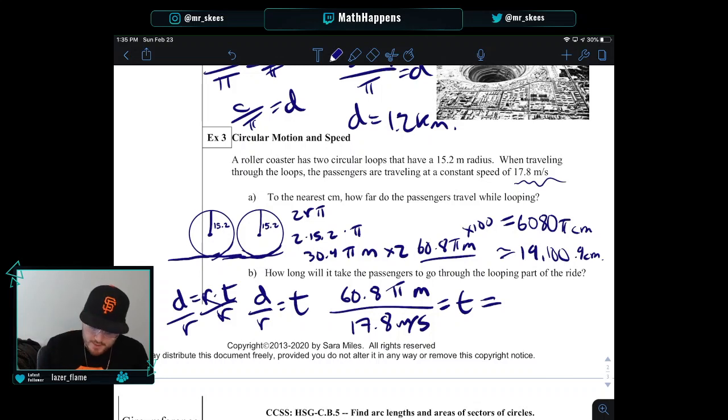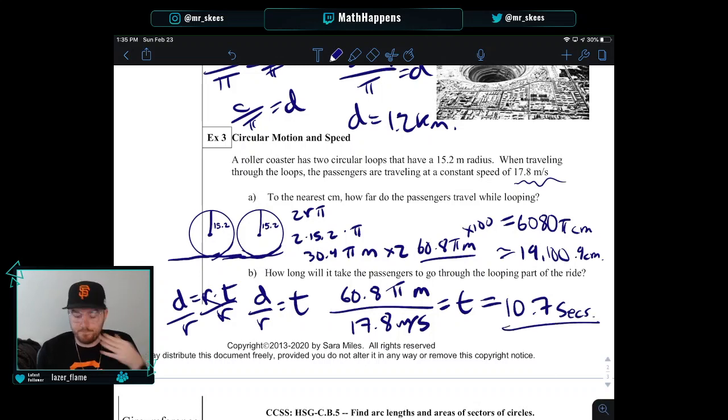Those two loops take 10.7 seconds. We're almost done. This is a lot shorter than last time. Ooh, that hat hair though.